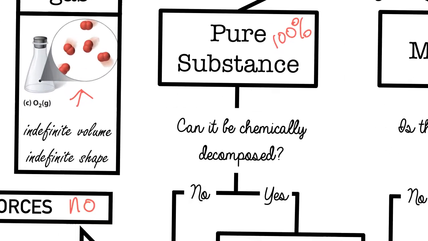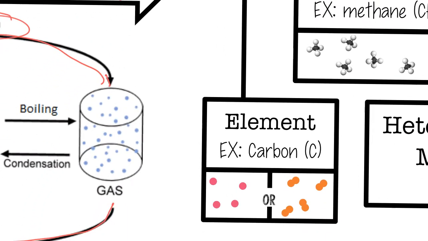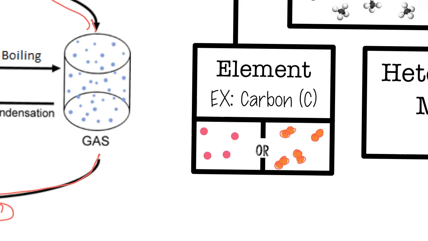For a pure substance, what you have to look at is, do we have a compound, which means we have two or more elements combined, and these would be different elements, or do we have an element itself, which means we've got the same type of atom. It doesn't matter if I've got two together. If those two together are the same kind of atom, that's still going to be an element.